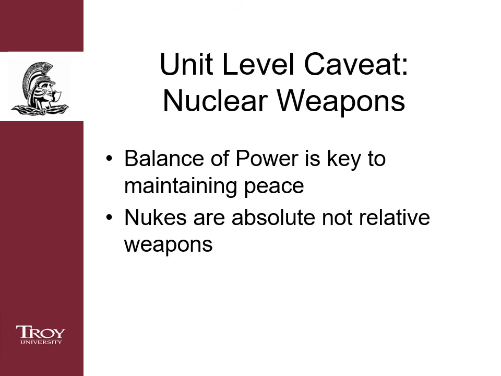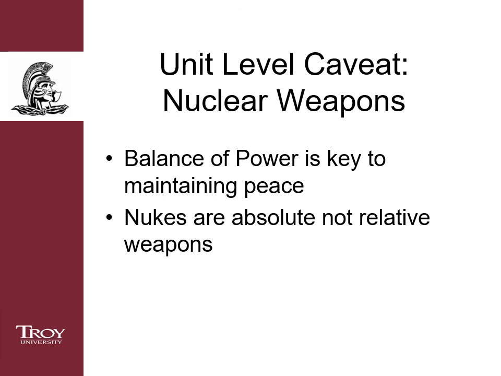He goes on to muddy the water a bit by talking about unit level, what creates a particular war. And he notices that nuclear weapons, it talks a lot about nukes in that. In his point of view, a balance of power is the key thing to stopping a war. When there's a balance of power, you don't go to war. And he says, look, nukes are absolute, right? I mean, I got 10 and you've got 100, so you're not 10 times more powerful than me, right?